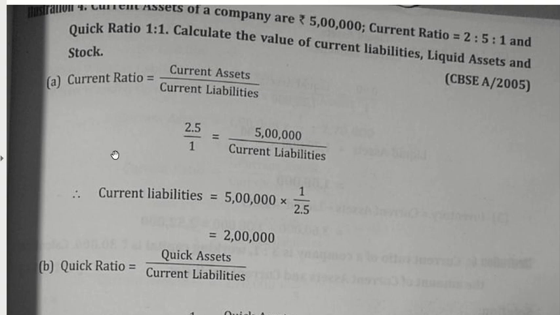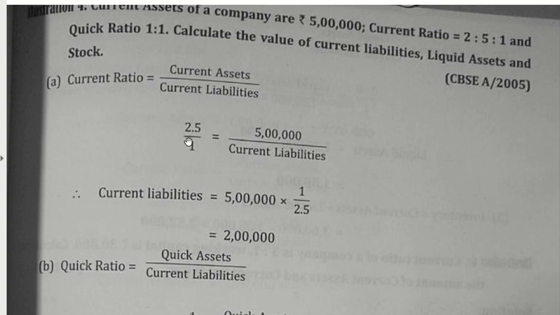So your current ratio is equal to current assets divided by current liabilities. Current ratio is given, current assets is given. So can we find out the current liabilities? Yes, with the help of current ratio. So it is not 2 is to 5, it is 2.5 divided by 1. So your current ratio they have given 2.5 is to 1.